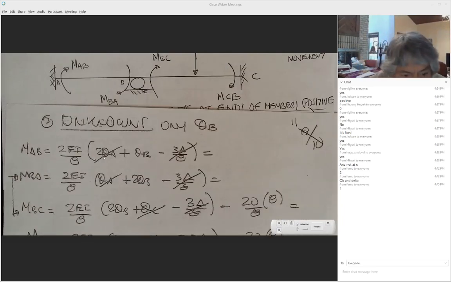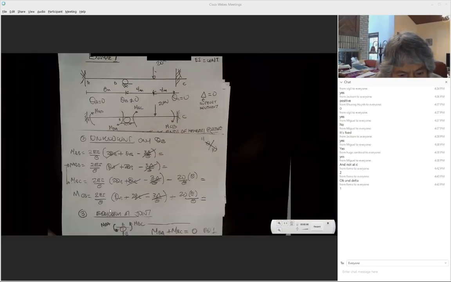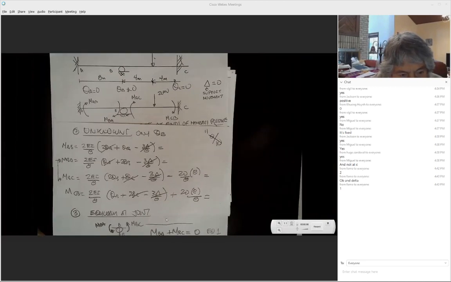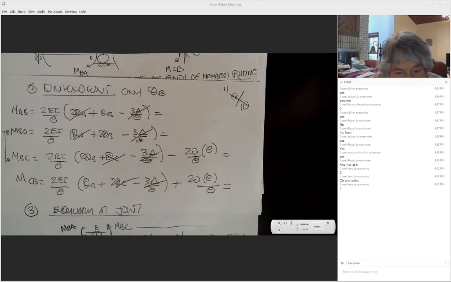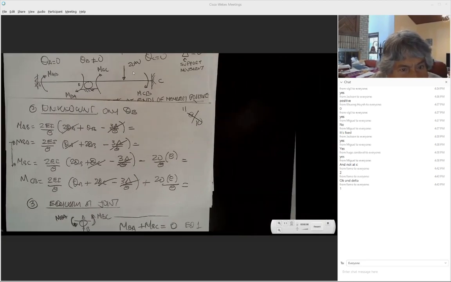So it goes into my equation as minus PL over 8. Look at MCB: 2EI over L, theta B plus 2 theta C minus 3 delta plus the moment, because now it's clockwise, PL over 8.